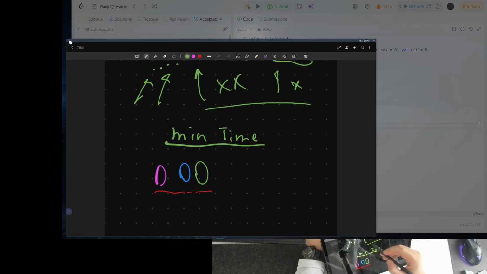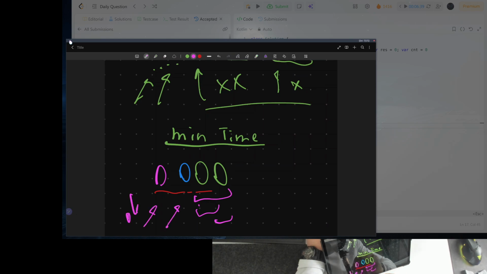But if we have, I don't know, this, that means we should remove either both of them or one of them. And these two, they are okay. We didn't touch them, because touching them would increase our time.